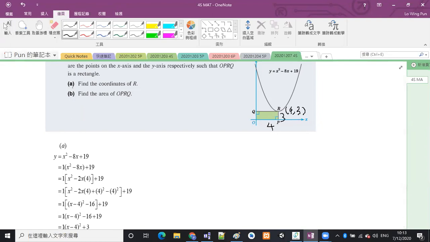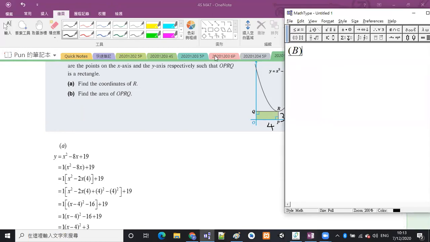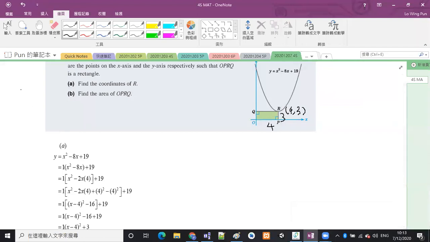So in part B, just write that OP is equal to 4, and then PR is equal to 3. Therefore, the area of OPRQ is equal to 4 times 3, which is 12. And that is the answer.